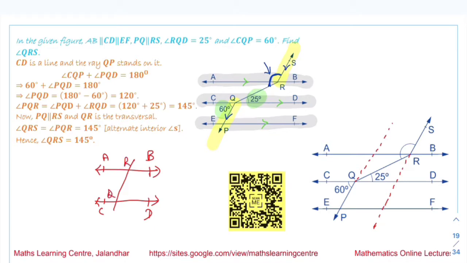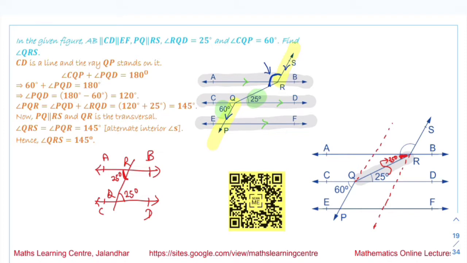For this line, this is the transversal we are considering. If this angle is 25 degrees, then this smaller angle will also be 25 degrees. So this part of the angle is equal to this angle, and this is equal to 25 degrees.